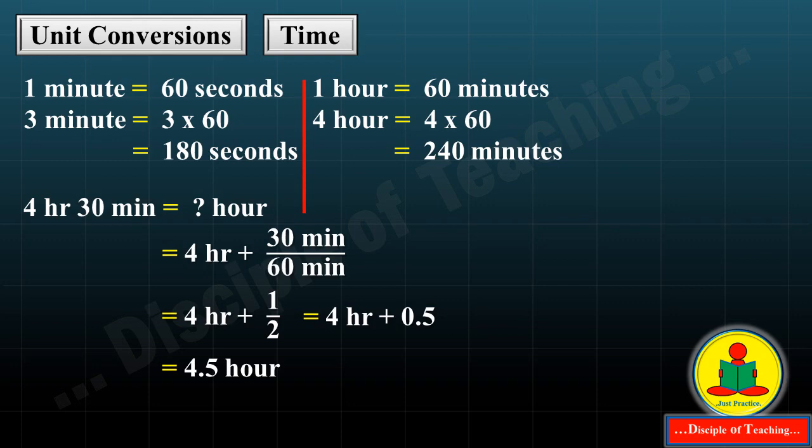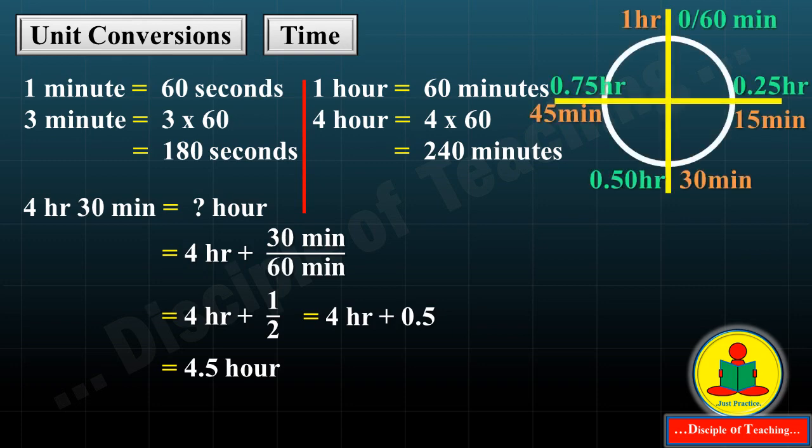For better understanding, see the time chart. Here the white circle is 60 minutes or say 1 hour. We divide the circle into 4 quarters, which gives the value directly as 15 minutes is equal to 0.25 hour. 30 minutes means 0.5 hour. 45 minutes means 0.75 hour.